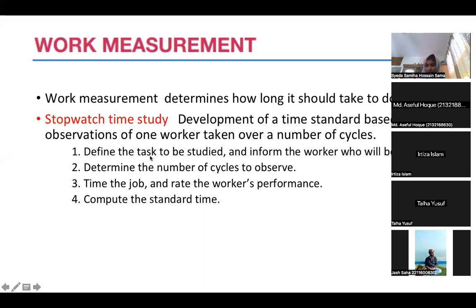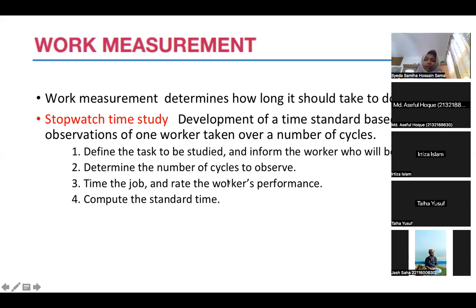So when you are choosing the task, you are going to know how long it takes to finish cutting by one worker. So time study means how long does it take to finish a job or a part of a job.